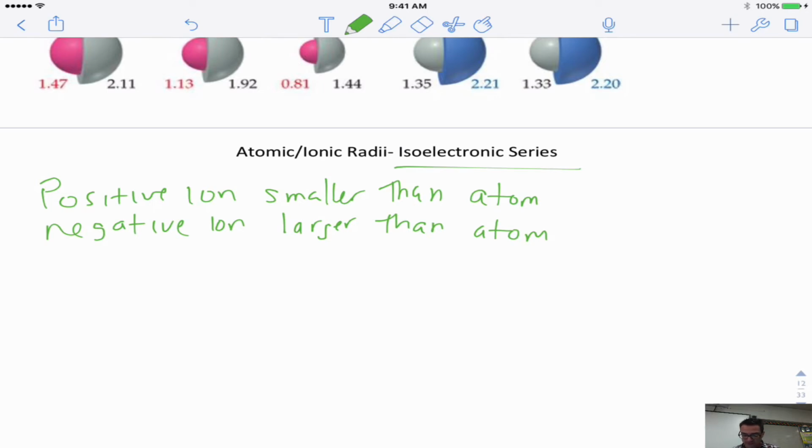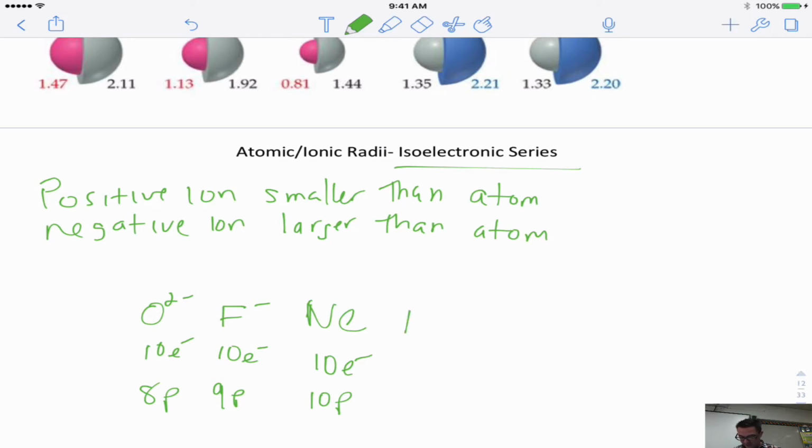This would be an example of an isoelectronic series around neon. Neon has 10 electrons and 10 protons. It's an atom. But F minus also has 10 electrons, but 9 protons. O2 minus has 10 electrons, but 8 protons. And we could even go the other way. I could keep going with the negative ones, but I can make some positive ones here too.